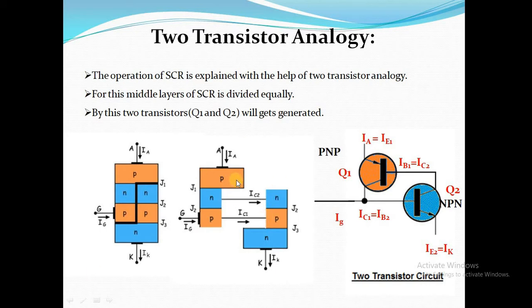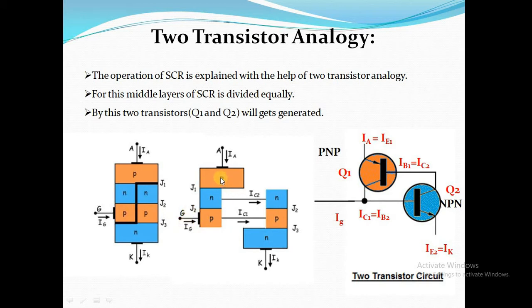So it forms a PNP transistor and an NPN transistor. The outer P layer has the anode terminal, the outer N layer has the cathode terminal, and the middle P layer has the gate terminal.